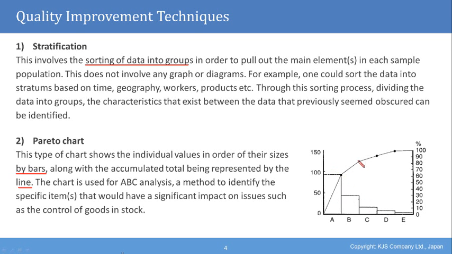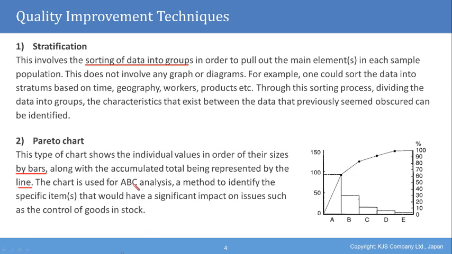This is the sum of all the values of the bars, going up to 100% here on the right, represented by the line. Now the chart is used for ABC analysis, which is a method to identify the specific items that would have a significant impact on issues such as the control of goods in stock.